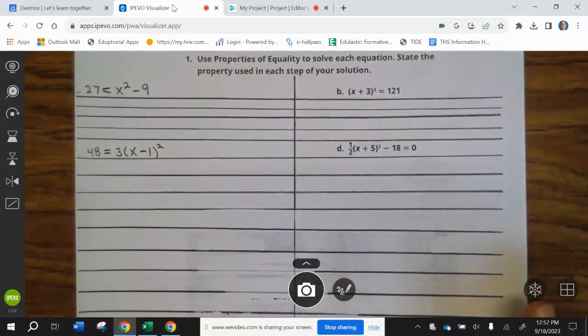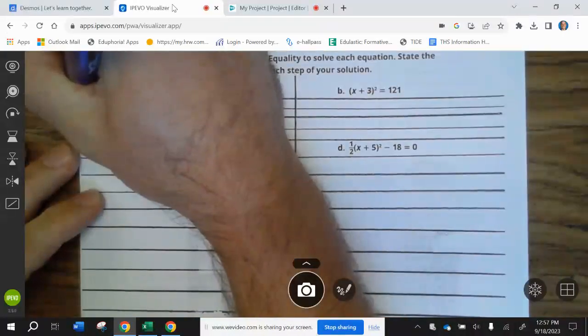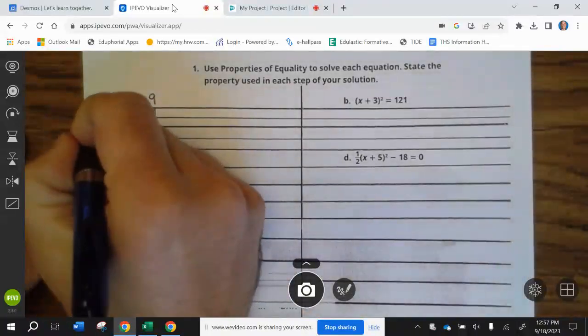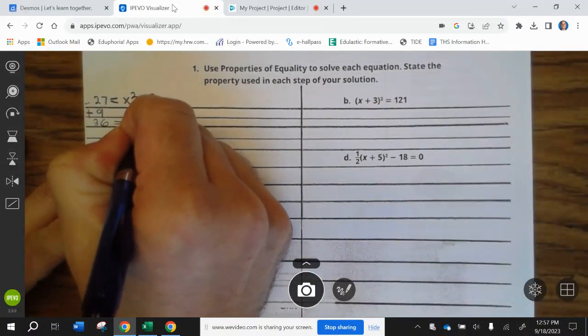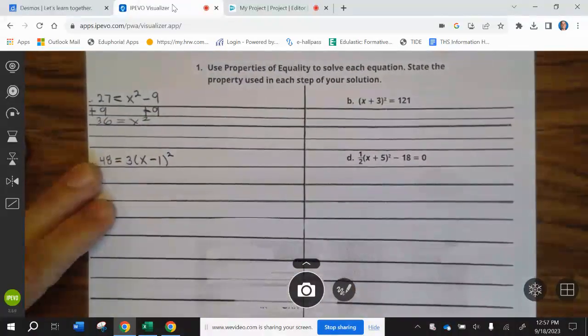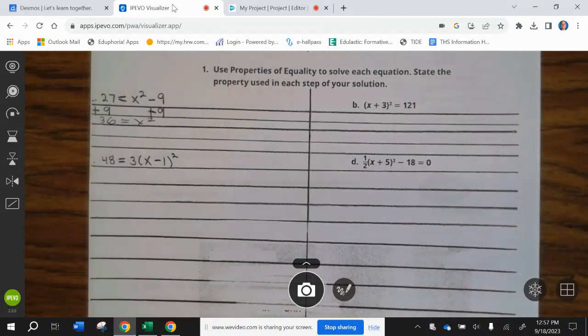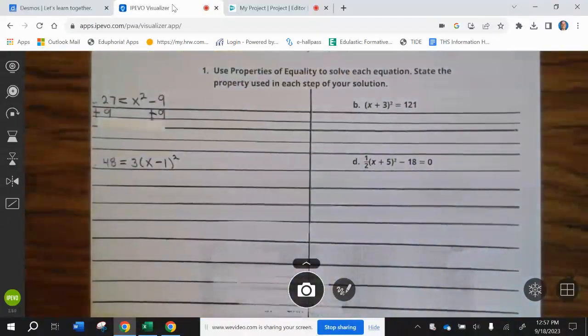All right, let's take a look. So here we're going to add 9 to both sides. So then that's 36 equals x squared. Let me try to rewrite that, it's a little hard to read.